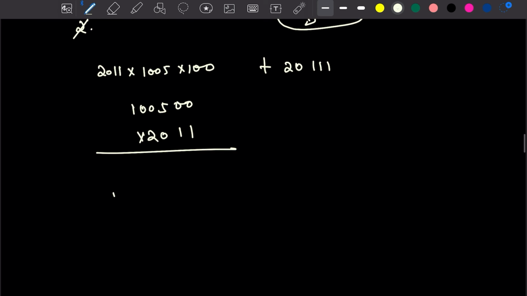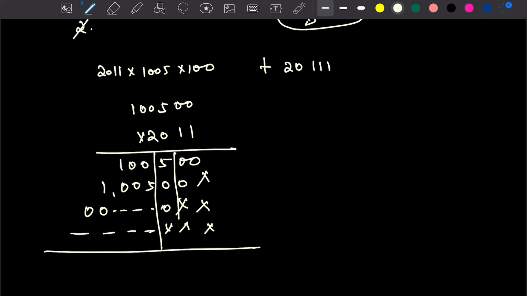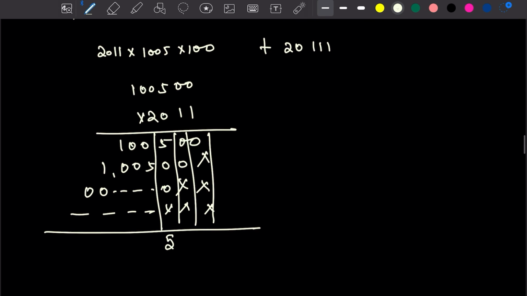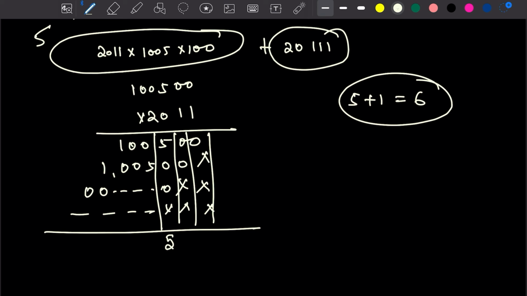So the first 2 lines will be exactly the same, the third line will be completely filled with zeros, and the fourth line I don't care about, because if I add all of them up, I get the third digit as 5. Here the third digit is 5, here the third digit is 1, so the third digits add up to 5 plus 1, that is 6. That's all. So that's how we can actually solve this particular problem.